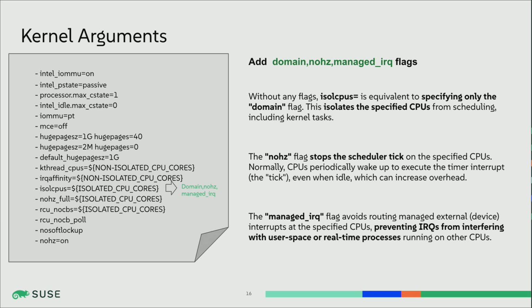The last part is managed_irq, which is included in this isolcpus parameter as a flag, to tell the kernel which CPUs have to be responsible for managing the IRQs, and to prevent an IRQ from being moved to a different CPU.